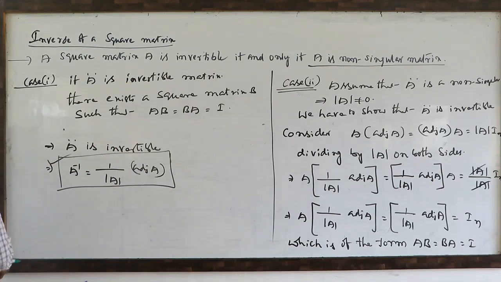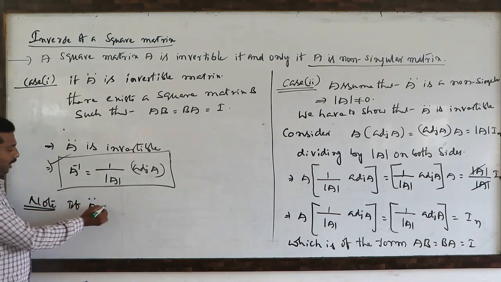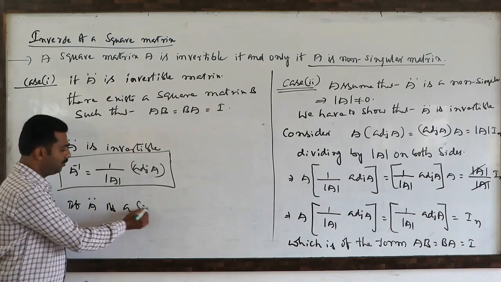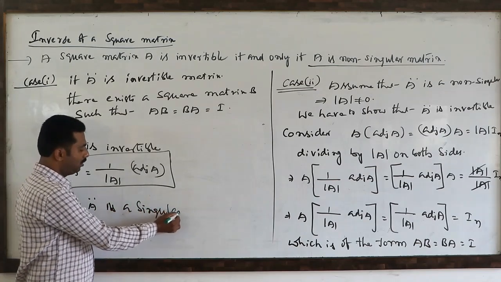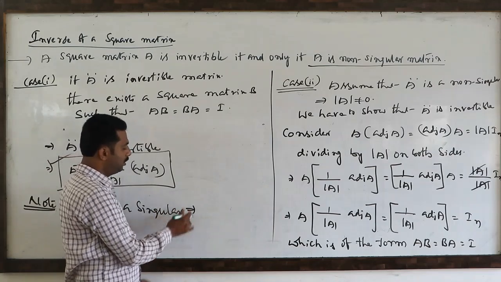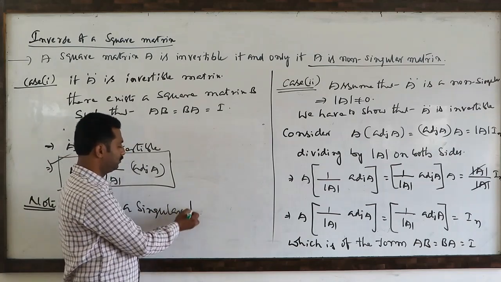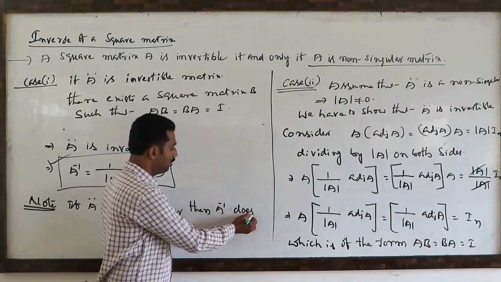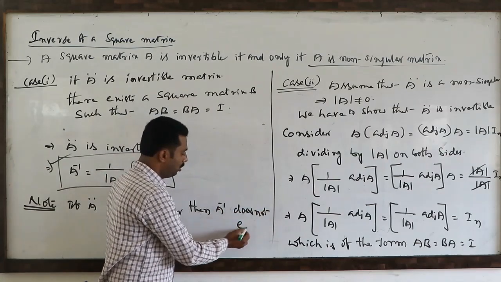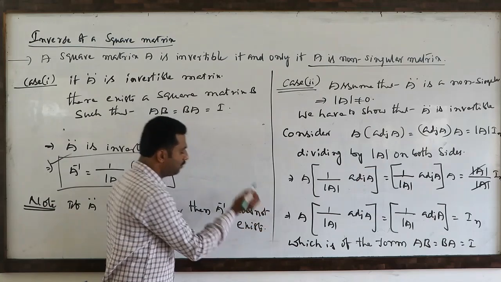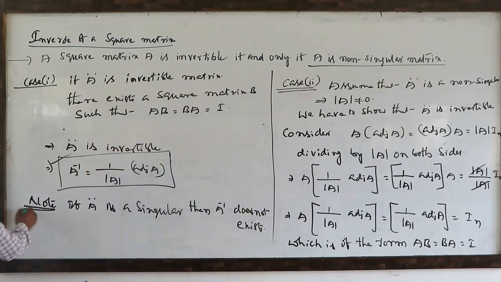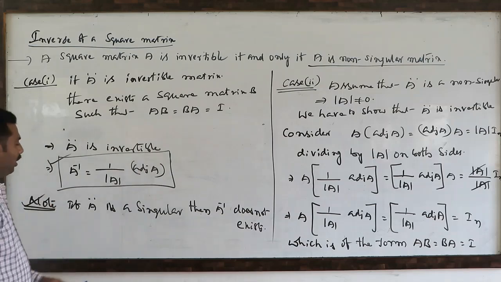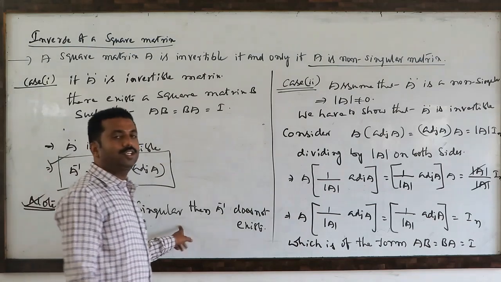So one note point you have to write: if capital A is a singular matrix, then A inverse does not exist. So this point you have to remember. A is singular means A inverse does not exist.